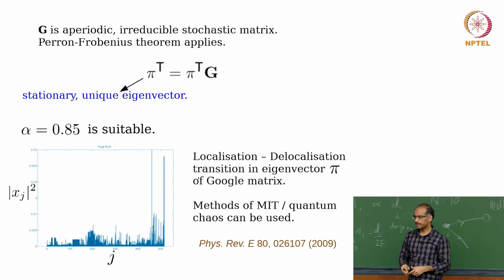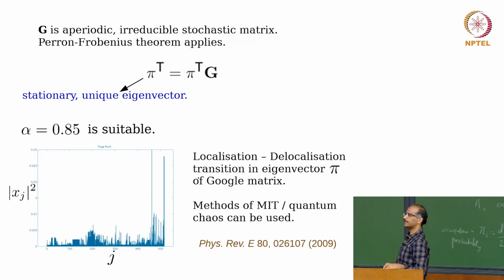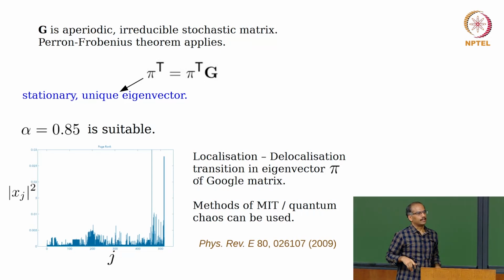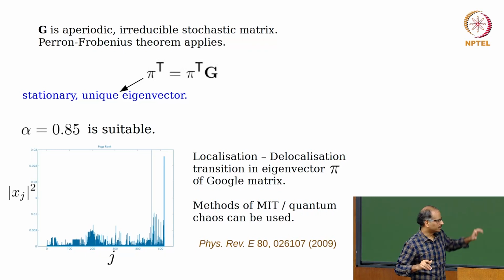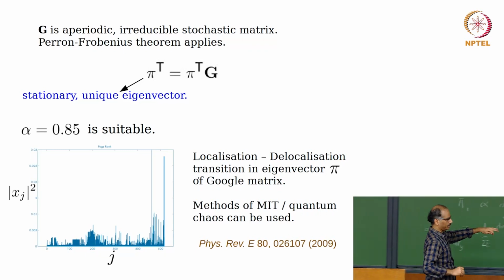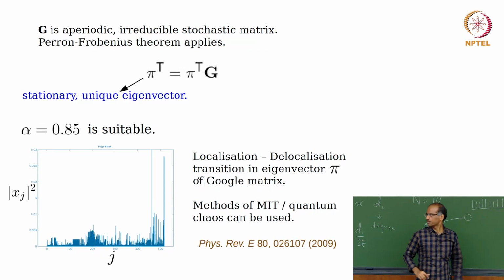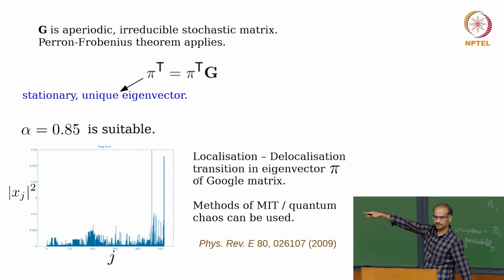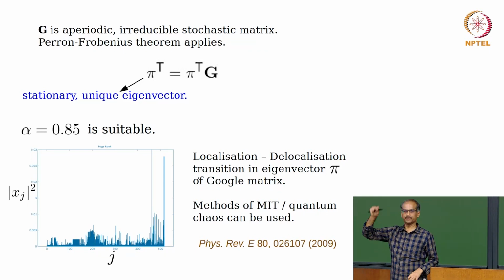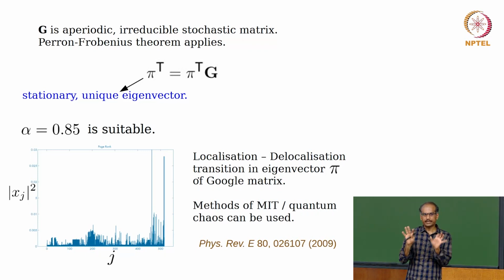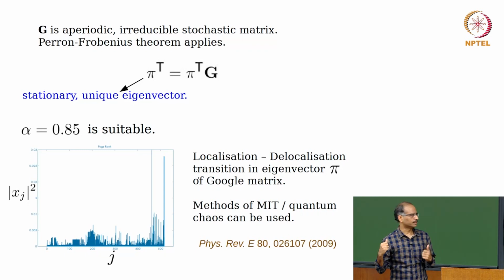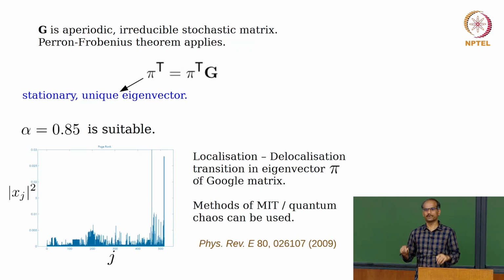Okay. So this kind of a situation is actually dealt with in physics, in many body quantum physics. This is a kind of situation what is called a delocalization, as opposed to the kind of eigenvector distribution you see there where there are very strong peaks. They are called localized systems. So there is a very nice analogy between many body quantum physics and this vector, but that's a story for a different time.